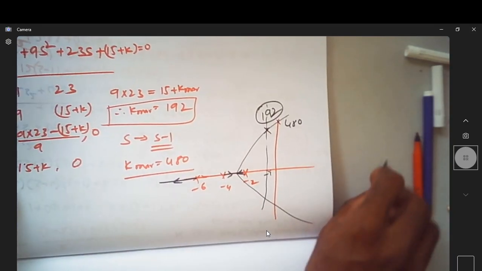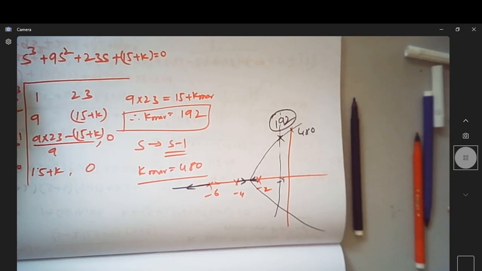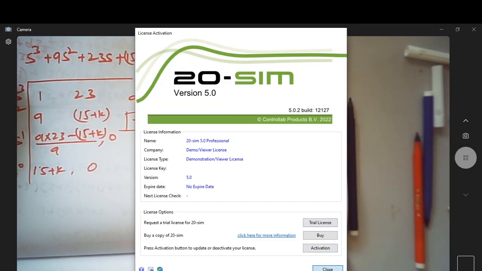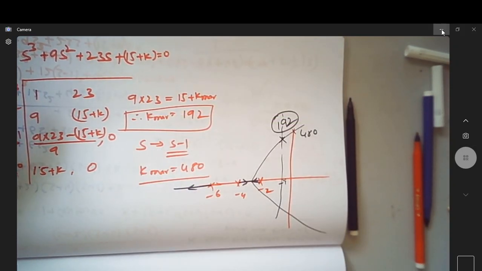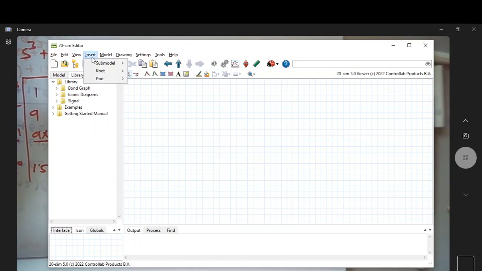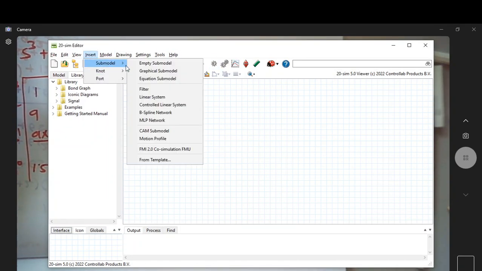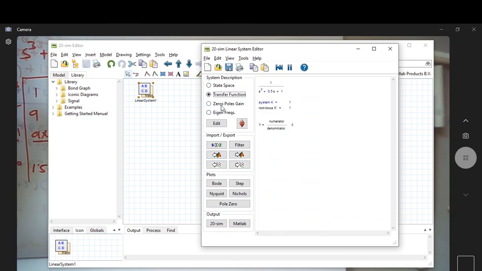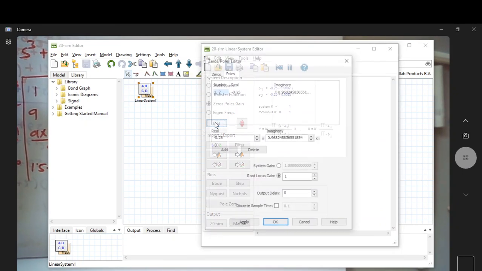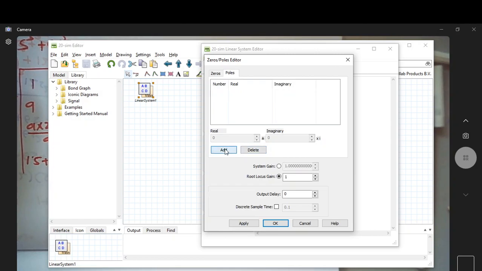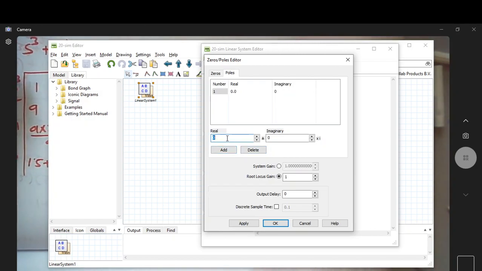So let us see what we get here. Now let me close this. Okay, now let me insert the submodel linear system. Let me delete this. Let me add a pole at minus 2.